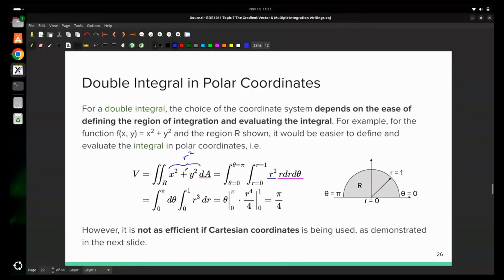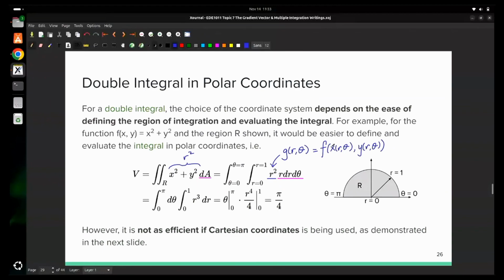Okay, so from this part to this part, any questions? Basically, I just converted the function of x and y to a function of r and theta. So actually, this is like g, some function of r comma theta, which is equivalent to the function of x(r,theta), y(r,theta).